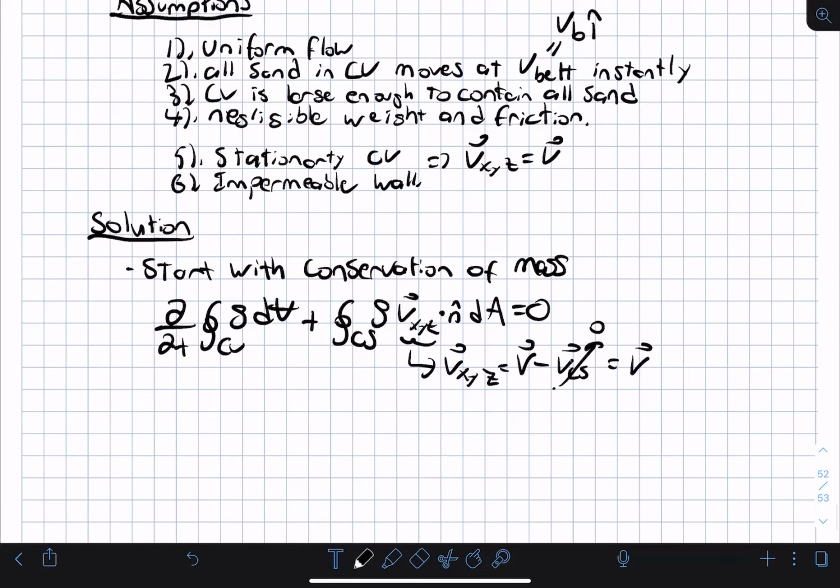And I suppose we could have a seventh assumption that the air mass is negligible. Okay, so that is in our control volume. We do not really need to consider the mass, because sand is extremely heavy compared to air. So the integral of rho dV in the entire control volume is nothing more than the mass of the sand, and I'll call that ms.